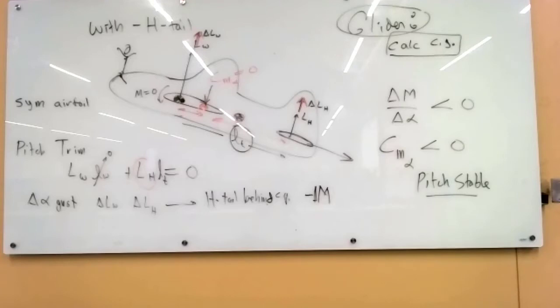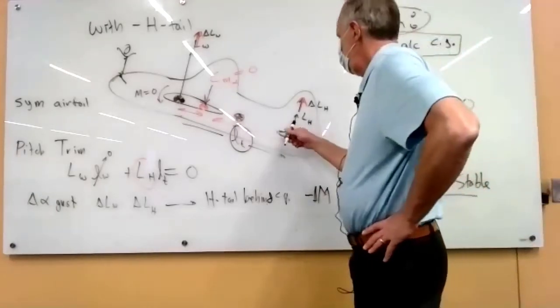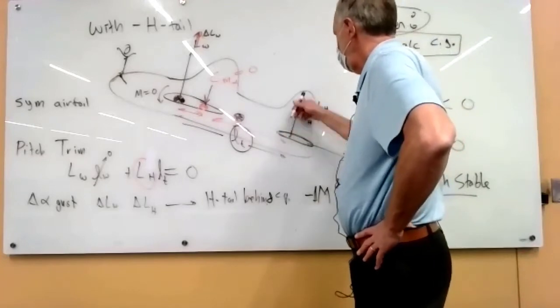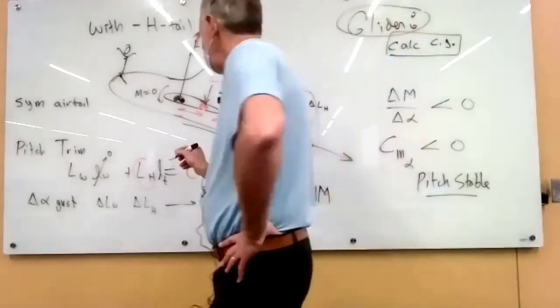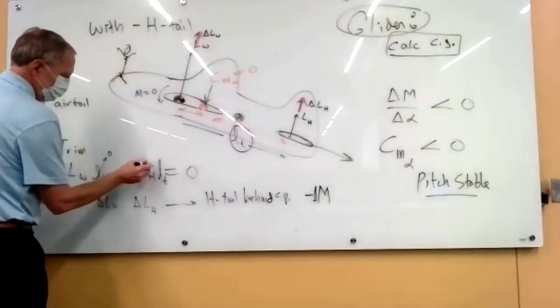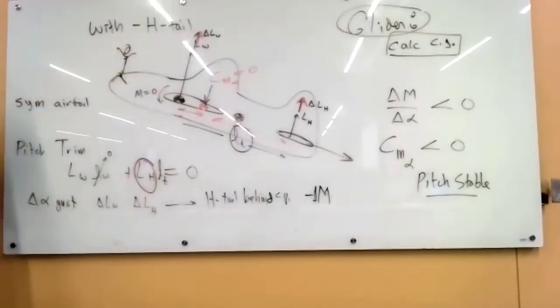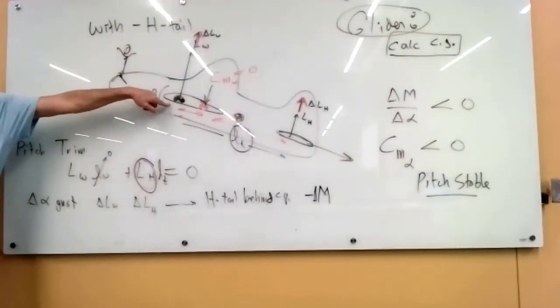Let's see, we talked about the marble and the bowl, right? And notice that the key to trimming this airplane is the ability to shift the lift on the tail up or down, right? We said, well, we're going to have to increase or decrease the lift of the horizontal tail to match the pitching moment of the wing.